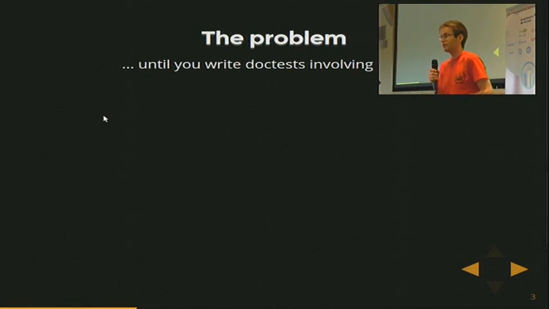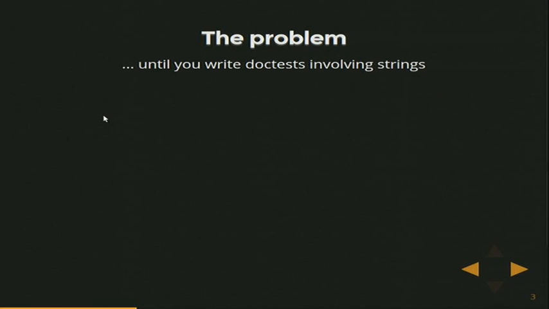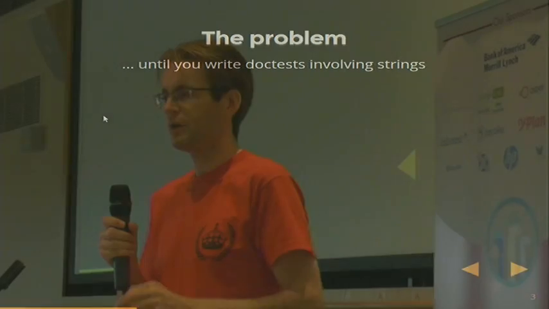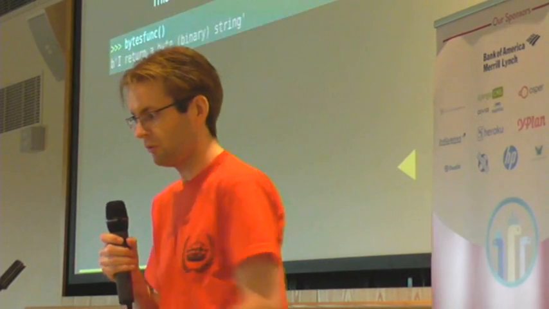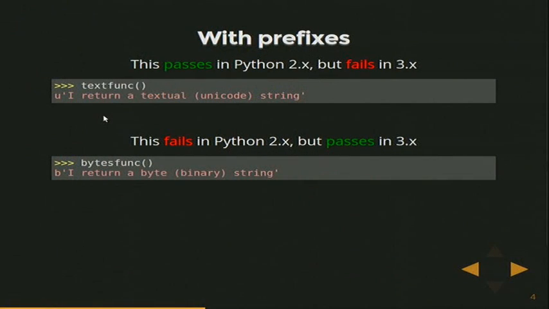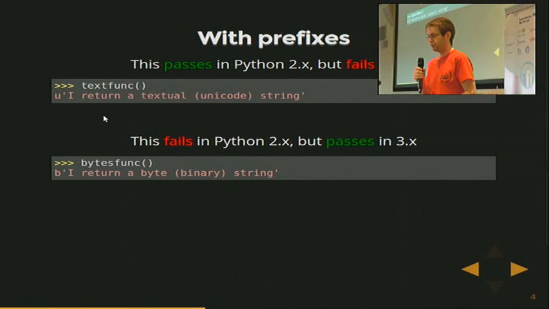The problem is, as soon as you write doctests involving strings, you can have them pass in one or the other, but not both. So if you write your doctests and prefix the return values, your textual functions work in Python 2, but not in Python 3, because the repr of a textual string in Python 3 has no prefix.